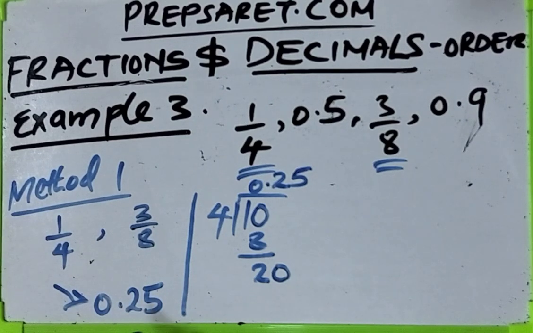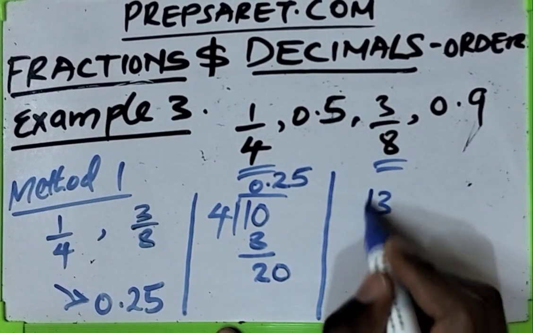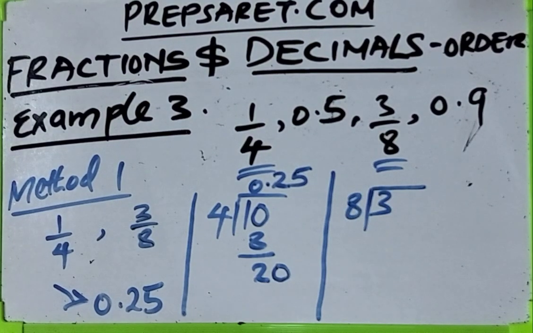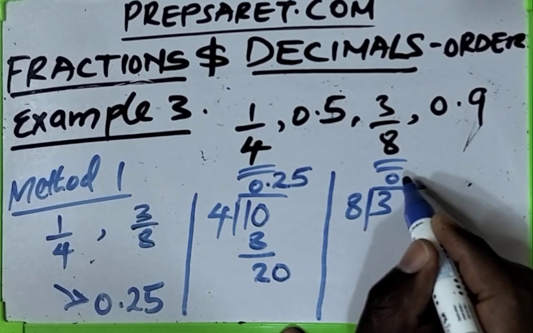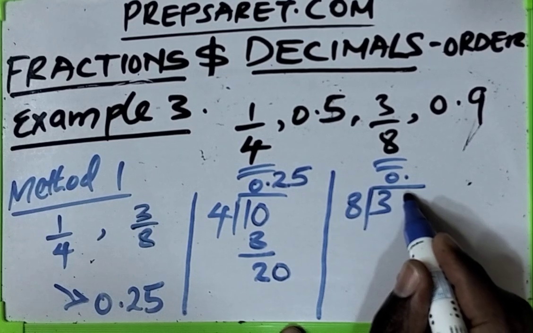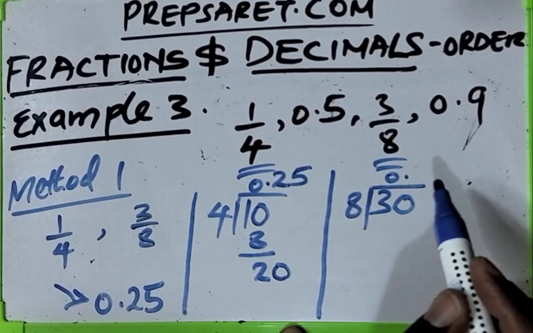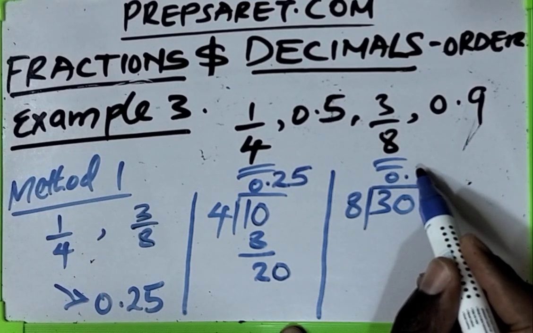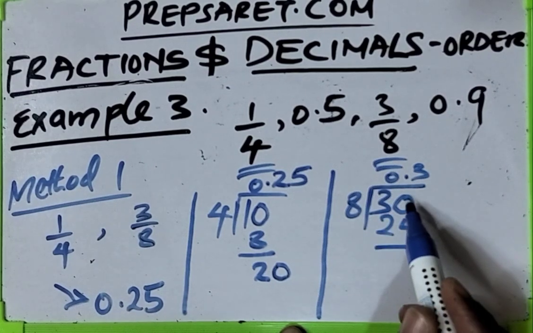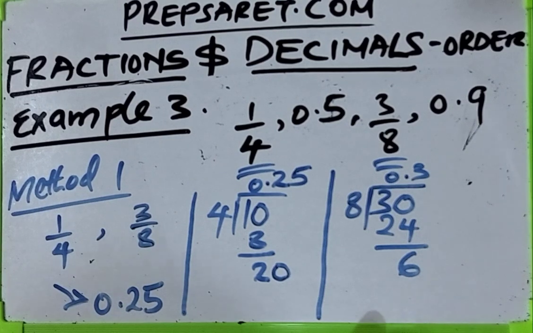What about 3 over 8? 3 divided by 8. So 3 inside and then 8 from the outside. In this case, we shall say 0 point, because 3 is less than 8, we add a 0 here. 30 divided by 8 is 3 because of 24, and you subtract downwards, you remain with 6.